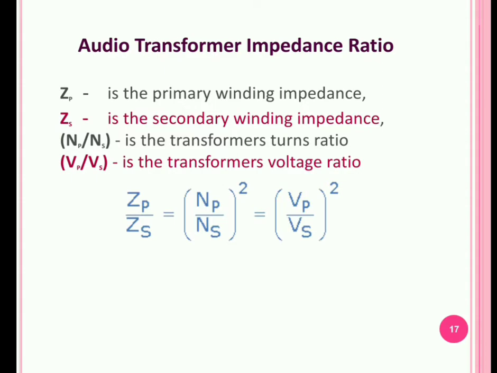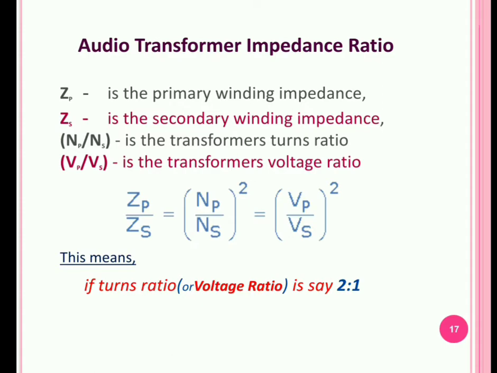That is also equal to (Vp by Vs) whole square. This means if the turns ratio or the voltage ratio is 2 to 1, then it will have an impedance ratio of 4 to 1. So this is the understanding of the audio transformer used for impedance matching. The impedance ratio is related as shown in the above equation, that is Zp by Zs equal to (Np by Ns) whole square or (Vp by Vs) whole square.